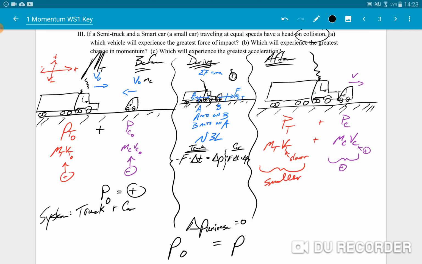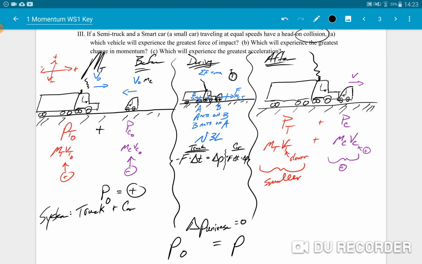The truck's momentum slowed down, got smaller, because now the car has more motion moving to the right. It changed not just from going to the left to not going to the left, it changed from going to the left, now reversing totally, and moving completely to the right-hand side. Probably not as fast as the original velocity, but we'd have to put in numbers to actually find that calculation.